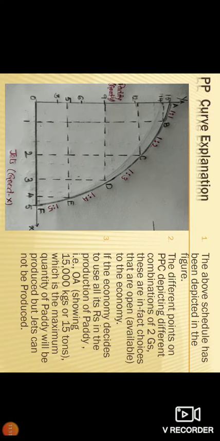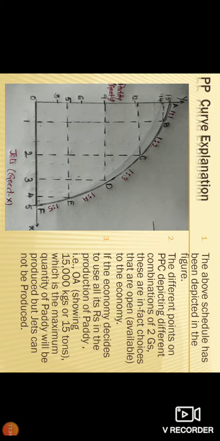Which means if you look from O, that is the origin of the OX-axis and OY-axis, it looks concave to the origin. How does the curve look from the origin? The PPC curve looks concave to the origin. So these are the points you have to keep in mind.